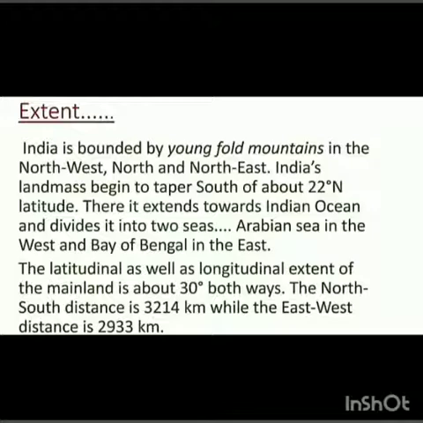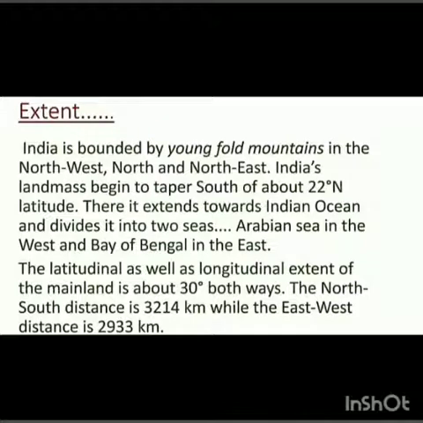And where does it start to taper? India's landmass begins to taper south of about 22 degree north latitude. From there, it extends towards the Indian Ocean and divides it into two seas, the Arabian Sea in the west and the Bay of Bengal in the east.